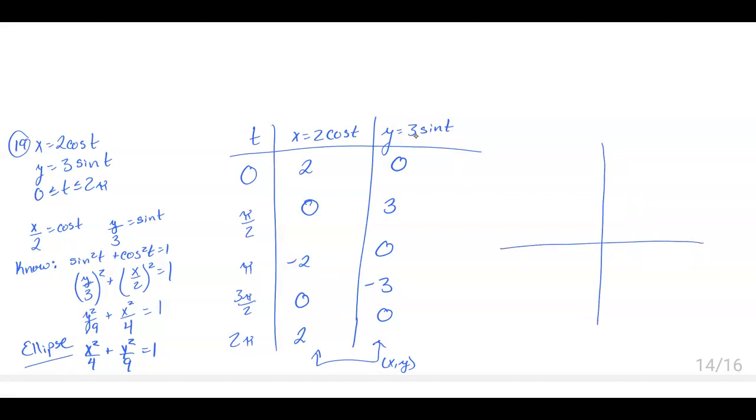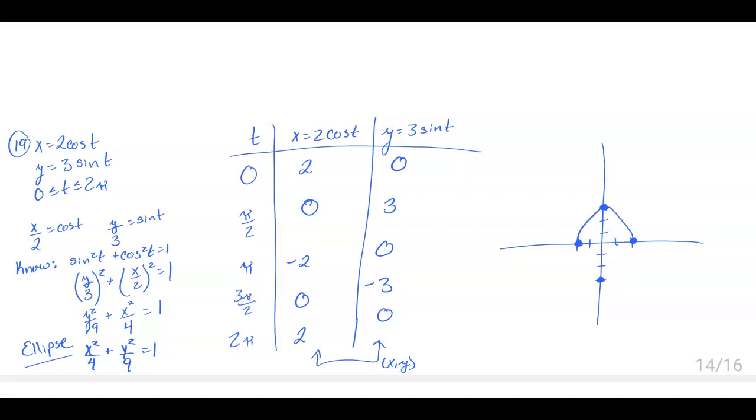Notice that our x's are going from negative 2 to 2, and the y's are going from negative 3 to 3. So our first point is going to be at 2, 0. Our next point is at 0, 3. And then at negative 2, 0, and 0, negative 3, and then back around.